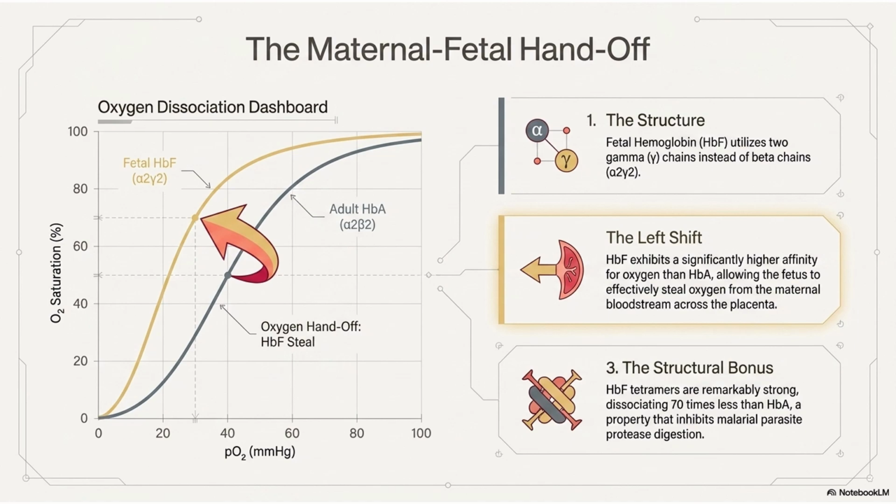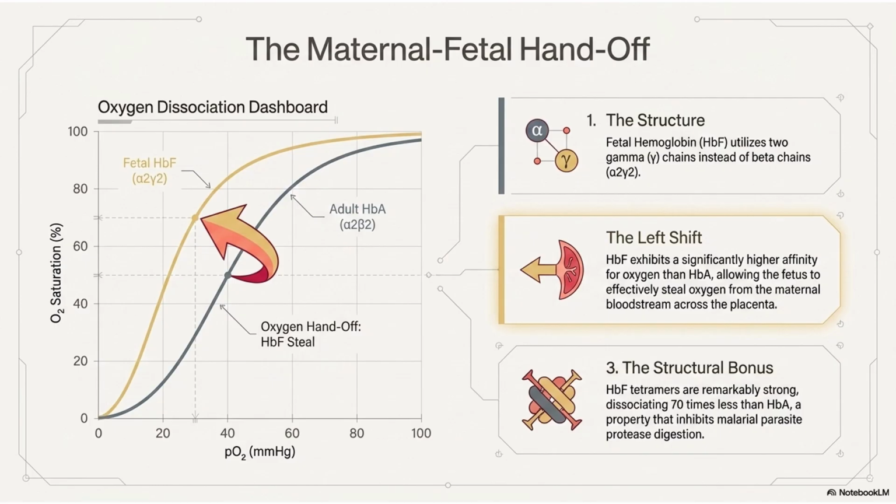I like to think of this as a molecular tug of war. Adult hemoglobin is holding on to oxygen, but fetal hemoglobin has an even stronger grip. That stronger affinity allows the fetus to extract oxygen efficiently, even though the oxygen concentration in the placenta is much lower than it is in the lungs.